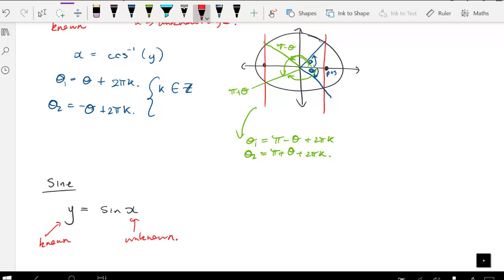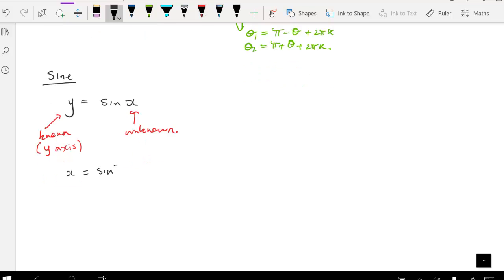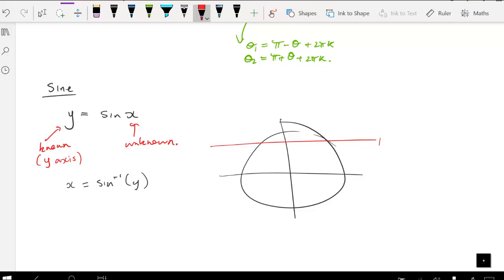Now keep in mind that this y value will be on the y-axis this time, and so when we look at the inverse, we've got x is sine to the negative 1 of y. In that unit circle, we can look at again a positive and a negative solution. So here's our positive solution and here's our negative solution.